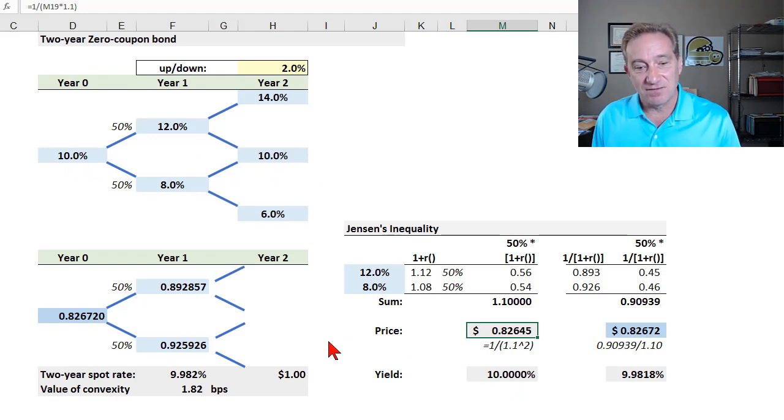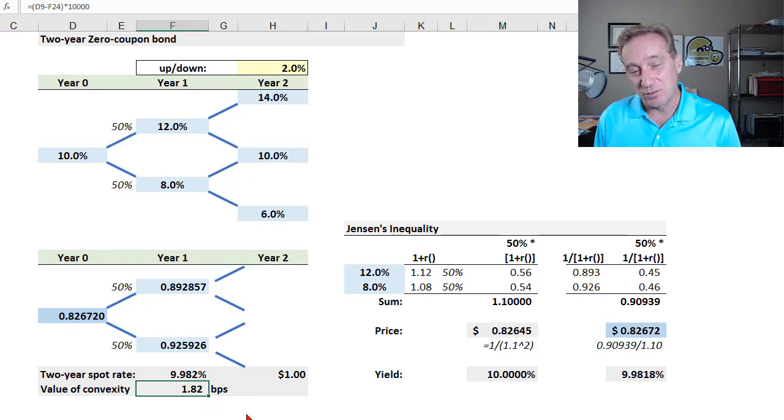However, the value of the convexity is 1.82 basis points, such that you're actually going to pay a slightly higher price, $826.72. It's a higher price, implying a slightly lower yield than the 10%, of 9.82, as effectively the value of the convexity. If you're buying the bond, that's the cost of the convexity.